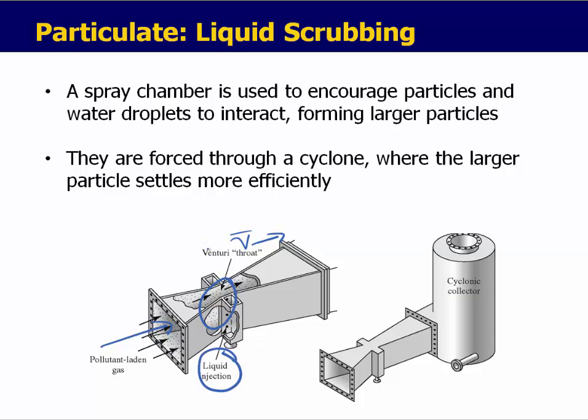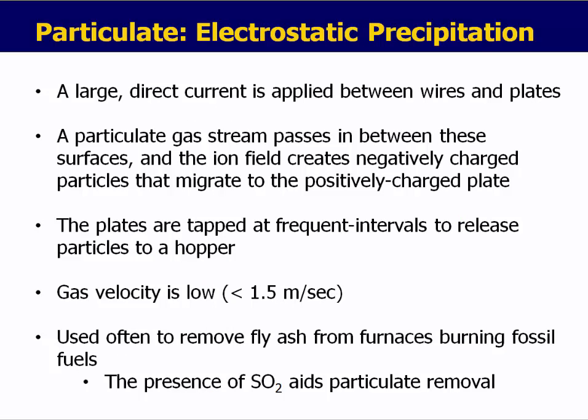And so this part of the chamber is the spray chamber or the scrubber. You're going to get some absorption through this. And as this moves into the cyclone part of the unit, it's going to create that impaction factor for the particulate.